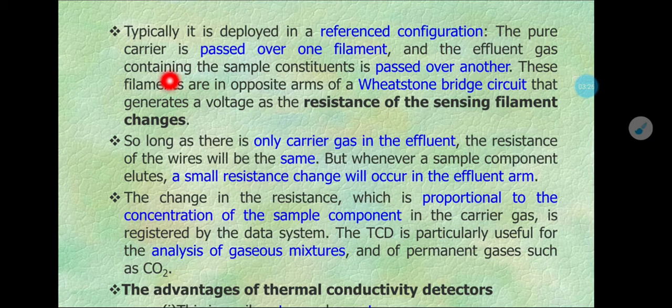The pure carrier gas passes over one filament and the effluent gas coming from the column is passed over another filament. These filaments are in opposite arms of the Wheatstone bridge circuit that generates a voltage as the resistance of the sensing filament changes.